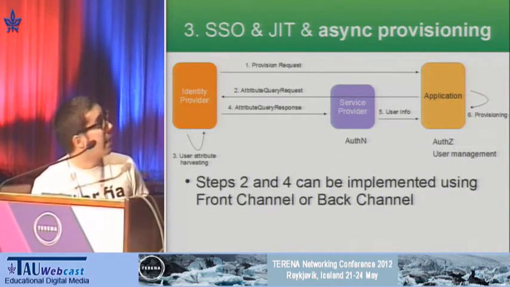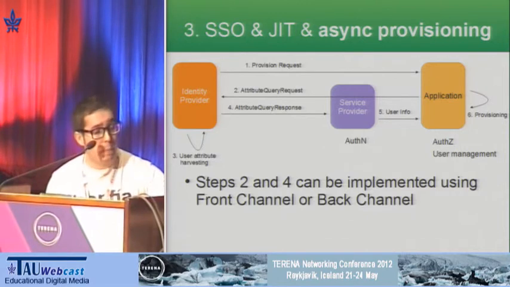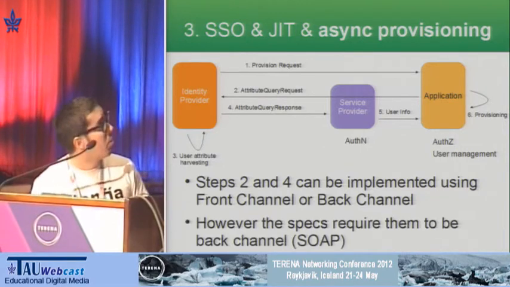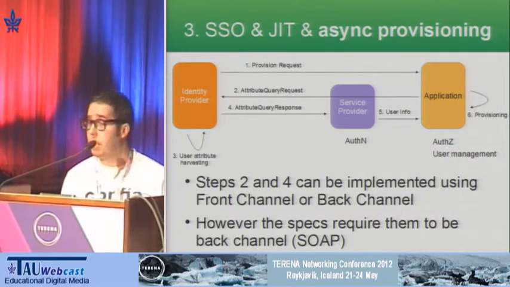In this case, steps 2 and 4 can be implemented using front channel or back channel. But the specification of the attribute query request says that you should use back channel, in this case SOAP communication.